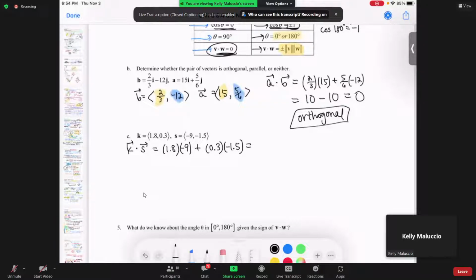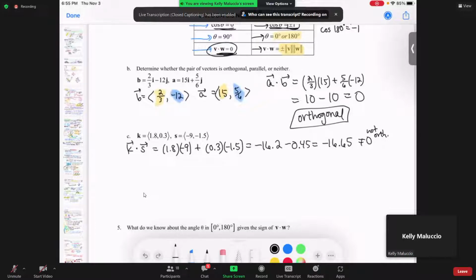I get -16.2 minus 0.45, and that equals -16.65. This is not 0, so it's not orthogonal. So it's either parallel or neither.